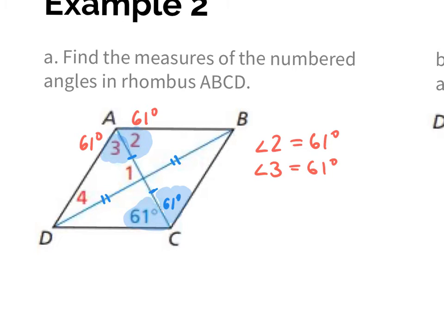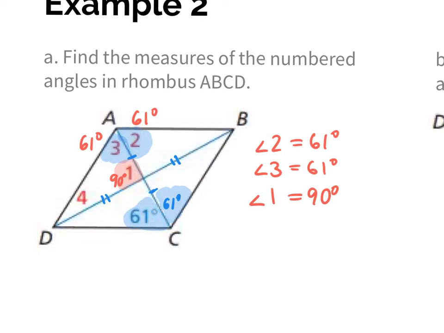When they bisect each other, they do so at a 90-degree angle, which means that at the intersection of those two diagonals, you are always going to have a 90-degree angle, which means then that angle 1 has to be 90 degrees. Okay, so this is going to be 90 degrees.